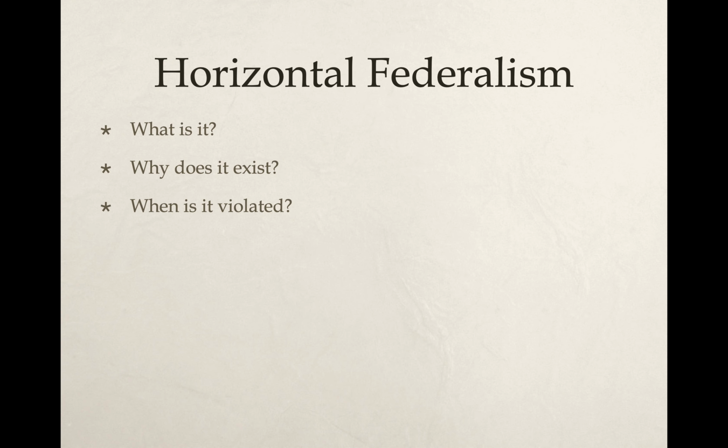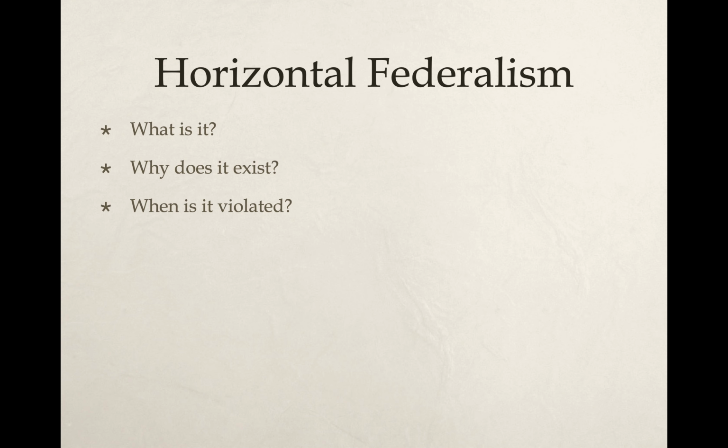So, the Dormant Commerce Clause is considered to be an aspect of what we might call horizontal federalism. I want to try to explain on this slide what horizontal federalism is, why this concept exists, why it's a valuable concept, and when it might be violated.